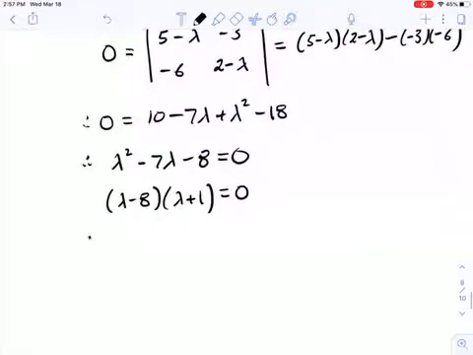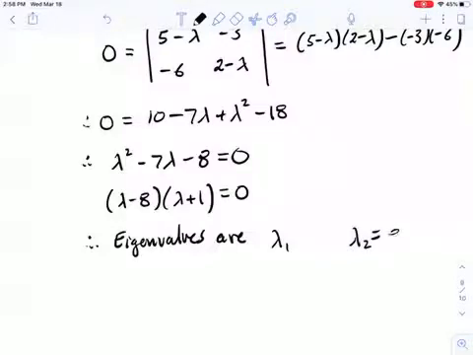So therefore the roots, or therefore the eigenvalues, are, if we set lambda equal to plus 8, we'll get a 0. So lambda, I'm gonna say lambda 2 is equal to plus 8, just to be consistent with my notes here.